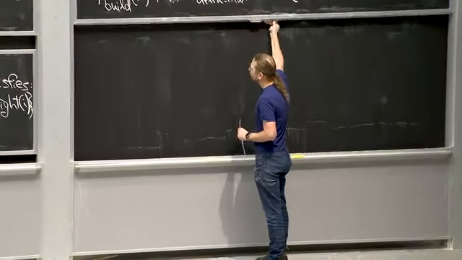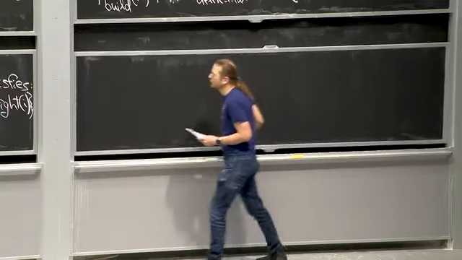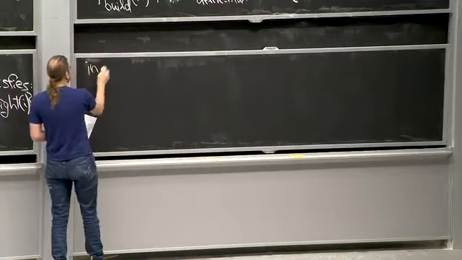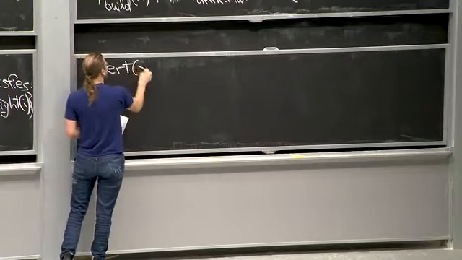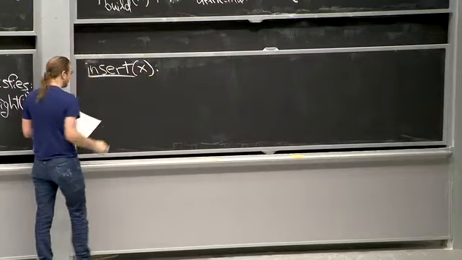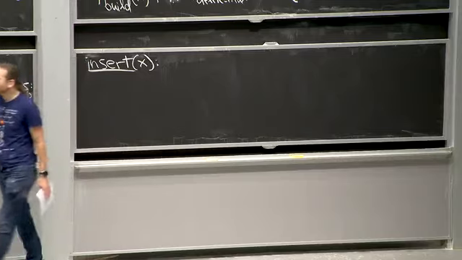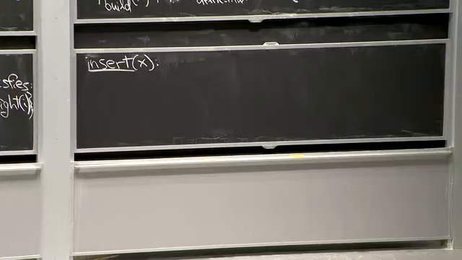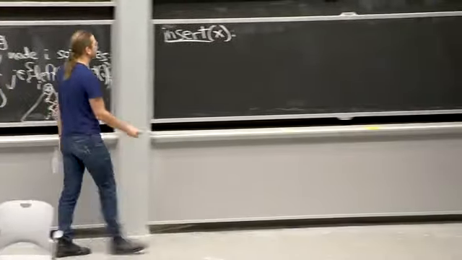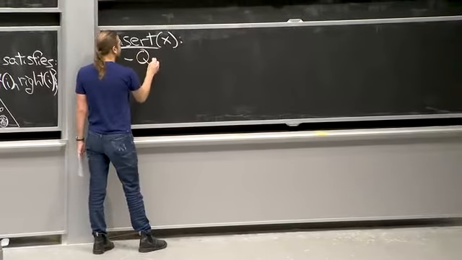It's kind of symmetric to what we just said. If I want to insert a key or an item X which has some key, the only thing I really can do in an array, if I want to add a new item, is put it at the end. The only thing we know how to do is insert at the end of an array. This is what we called insert last.